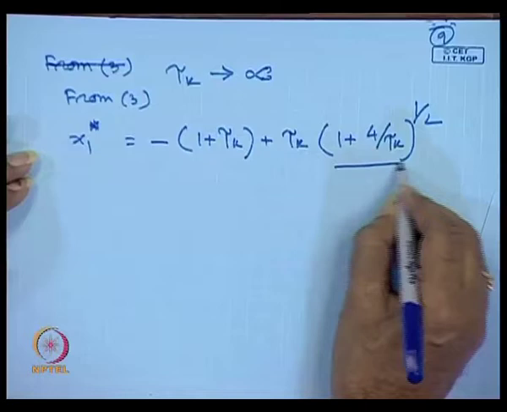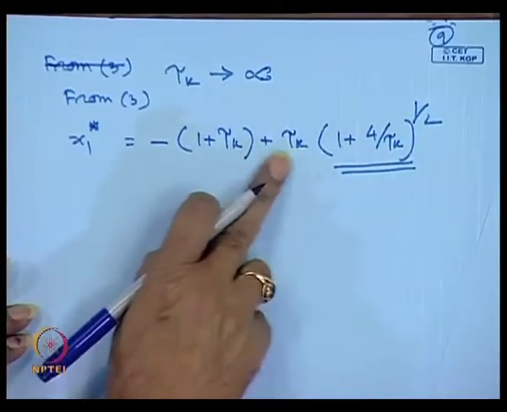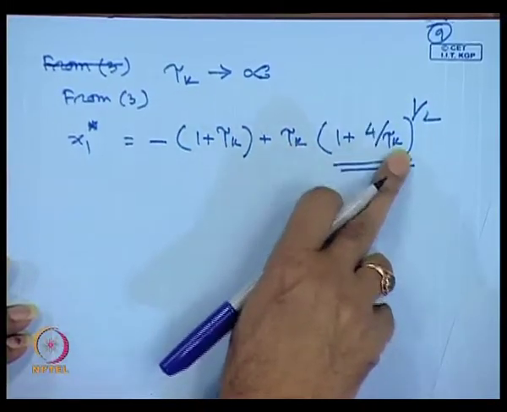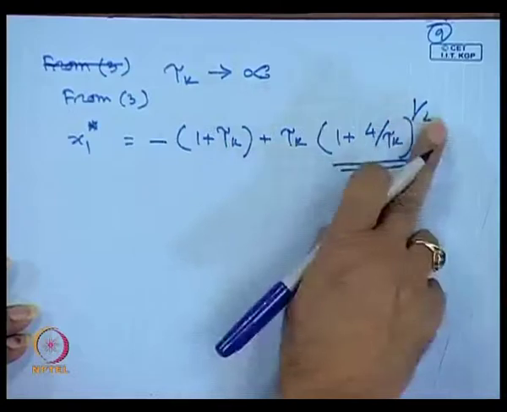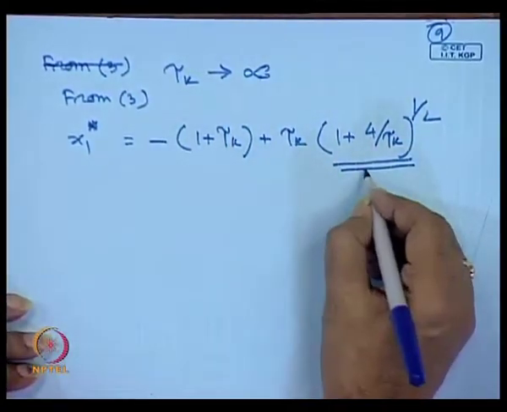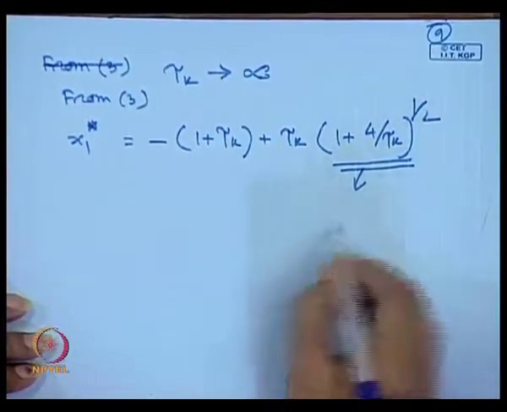So, if you expand this thing, because you cannot put tau equal to infinity, because one is negative, one is infinity, you cannot do it. Do this binomial expansion, agree.